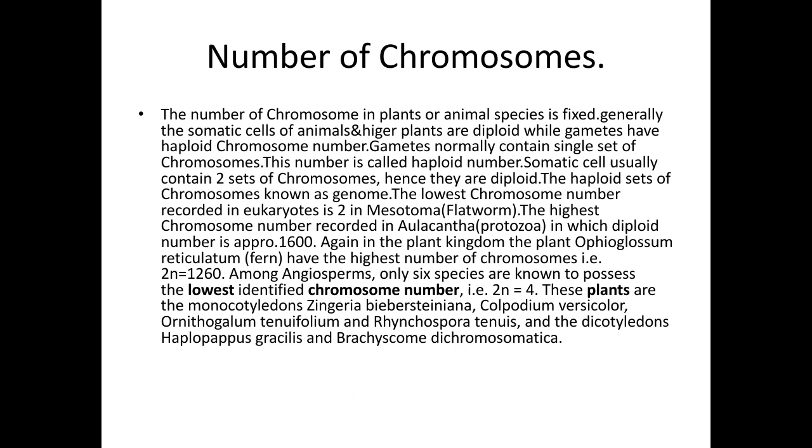The lowest chromosome number recorded in eukaryotes is 2 in Mesostoma, that is a flatworm, and the highest chromosome number recorded is in Aulacantha, from protozoa, in which the diploid number is approximately 1600.